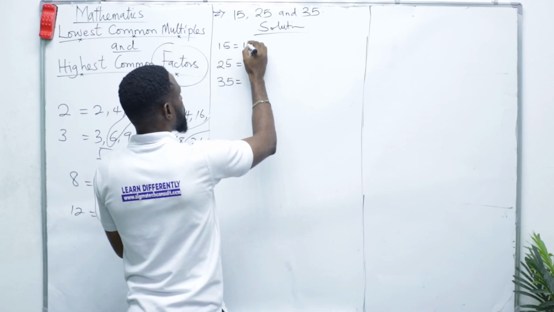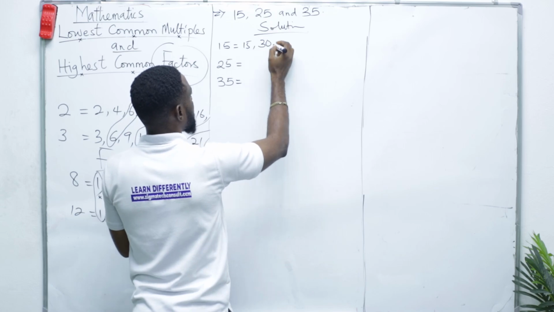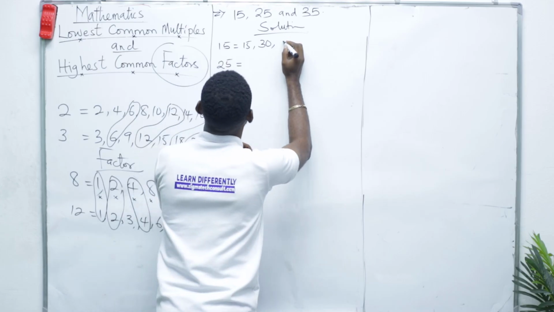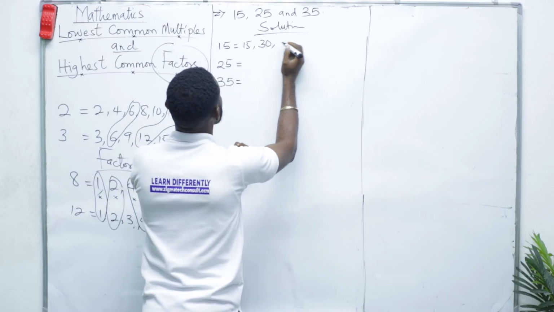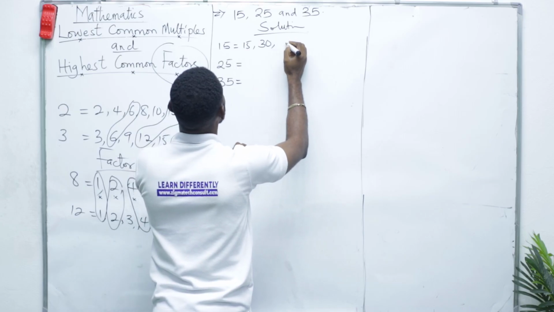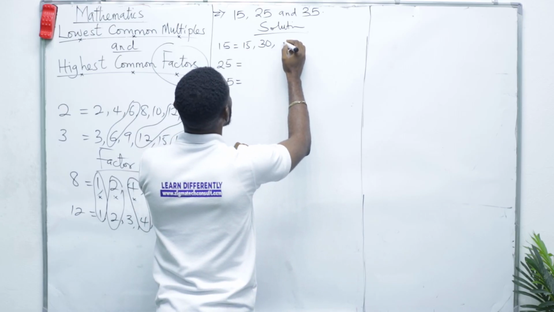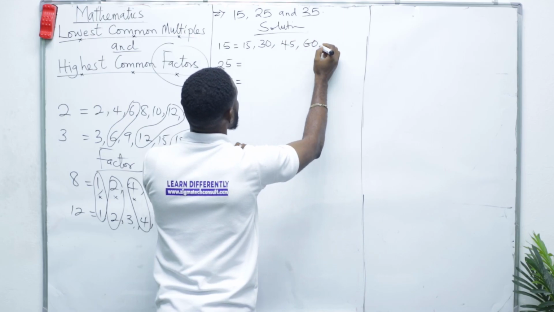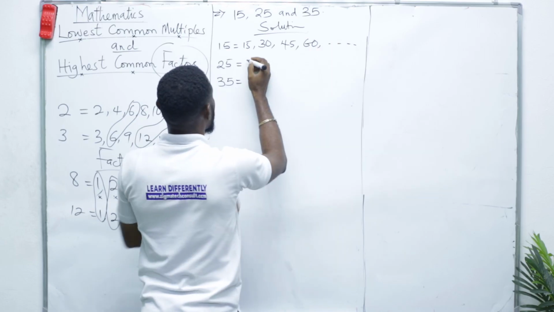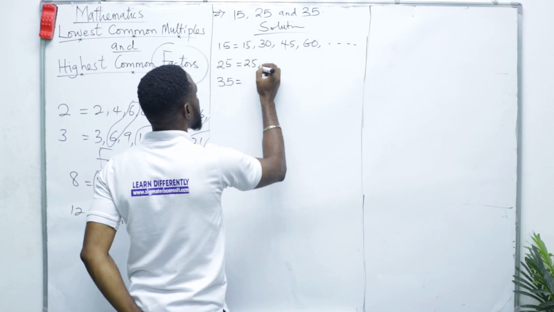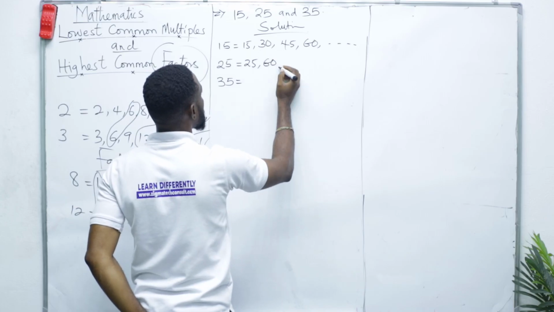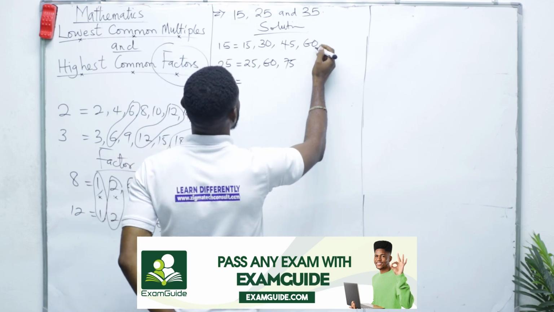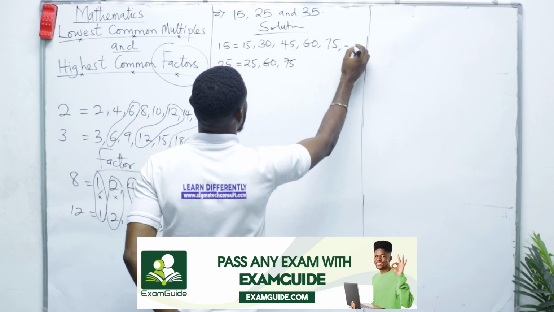For example, 15, 30, that is the multiples of 15 now. 15, 30, 45, 60, and so on. Here we have 25, 50, 75. Here we also have 75, and so on.